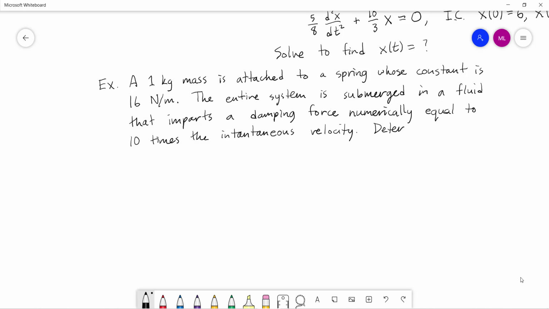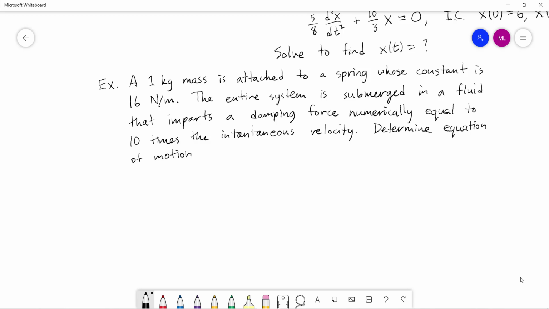Determine, again, the equation of motion. For us, we'll just determine the ODE, but in the homework, you'll have to actually solve the ODE as well for some extra practice.